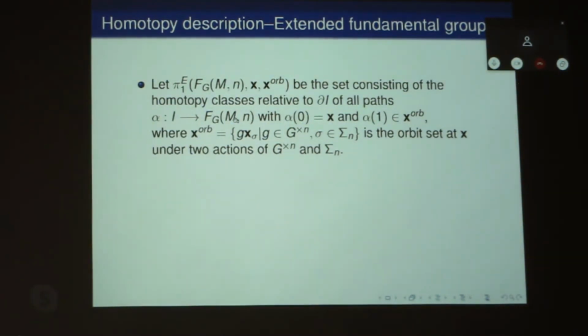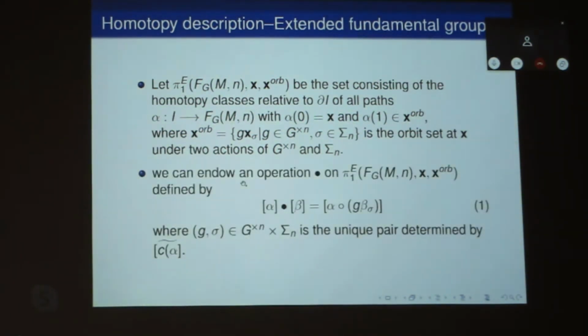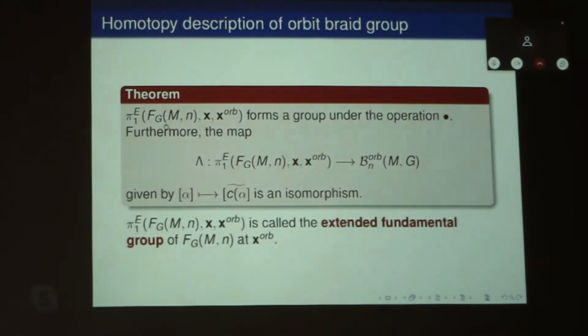Usually here, this path is not closed. But we can also define the operation on this set in this way. Then we can show that this forms a group under the operation, which gives a homotopy description of the orbit braid group.